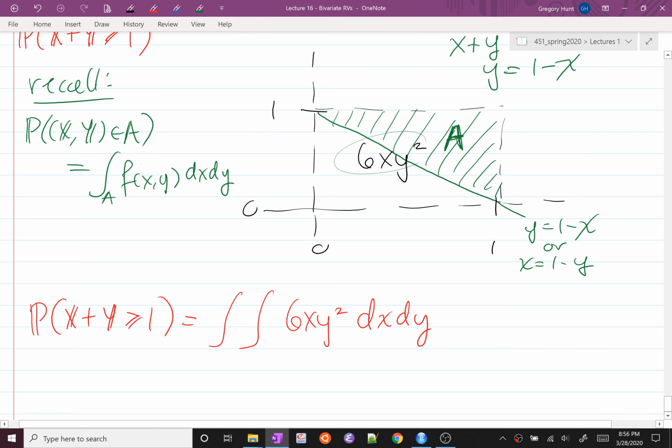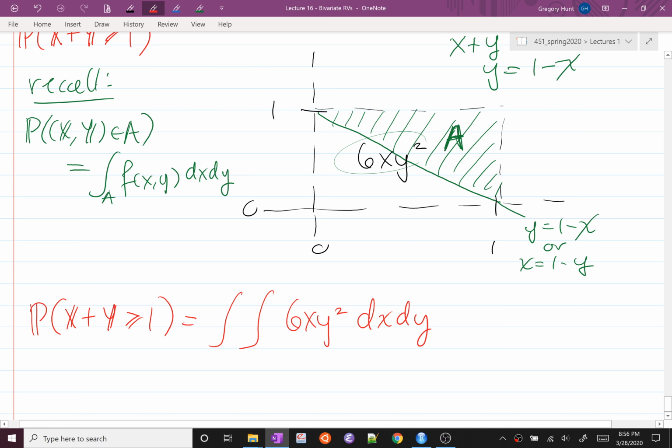So let's figure out the bounds here. If I'm going to integrate with respect to x first, I need to figure out the bounds for y. Oh, sorry, we're going the other way. We fix some value of y and integrate with respect to x first.